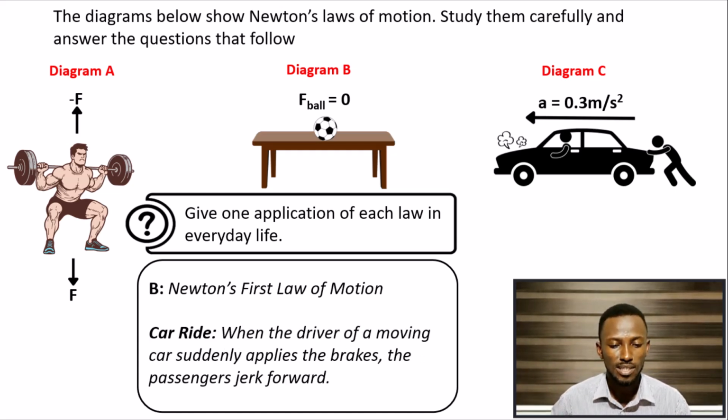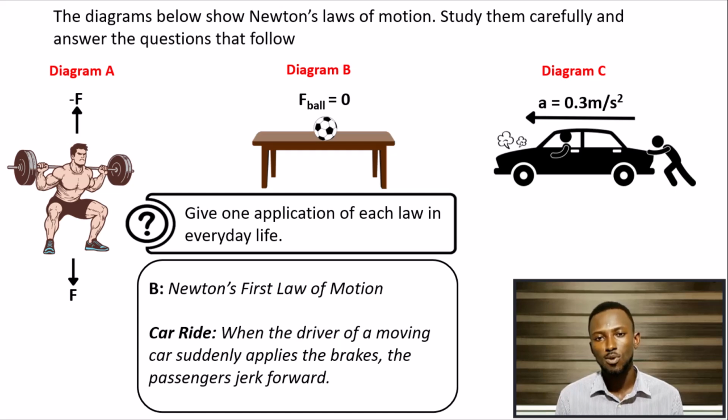Now for diagram B, Newton's first law of motion, that is basically an object at rest remains at rest, and an object in motion also remains in motion. A typical application is when riding a car. When you are in a moving car and the driver suddenly applies the brake, you would realize that the passengers jerk forward in their car.